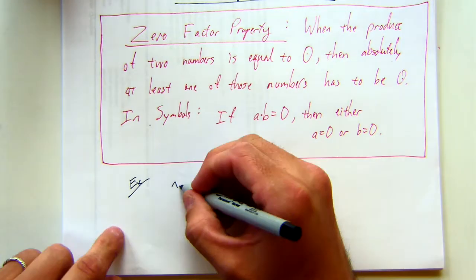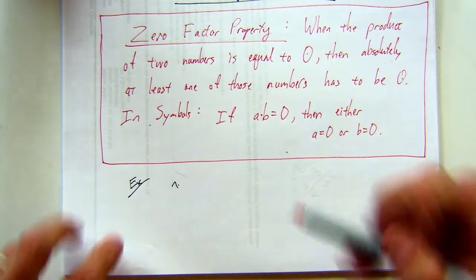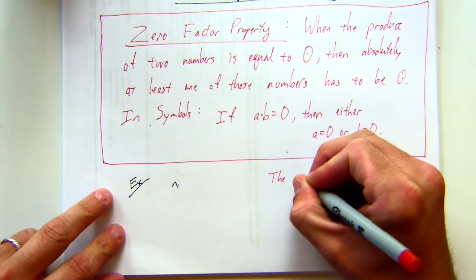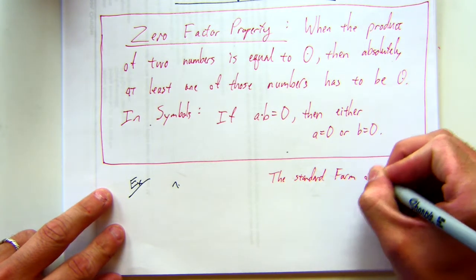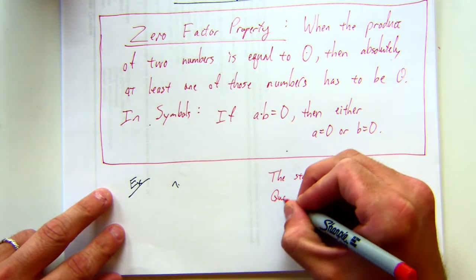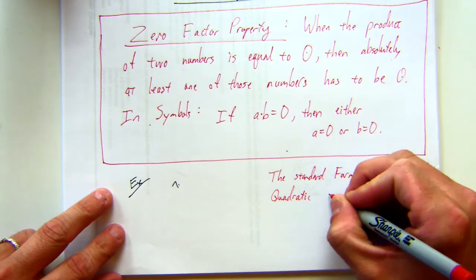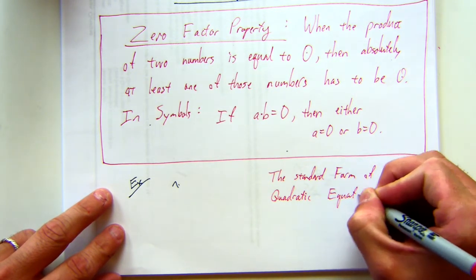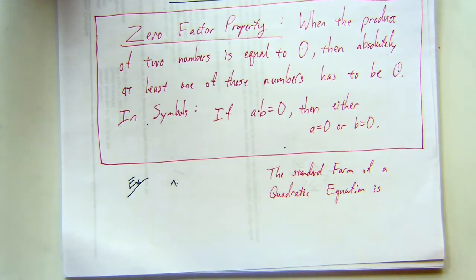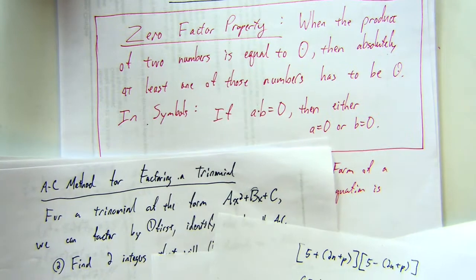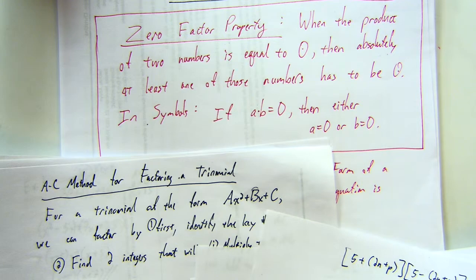One more thing I want to tell you first. The standard form of a quadratic equation is, I already mentioned a little bit about standard form earlier, this ax squared plus bx plus c.